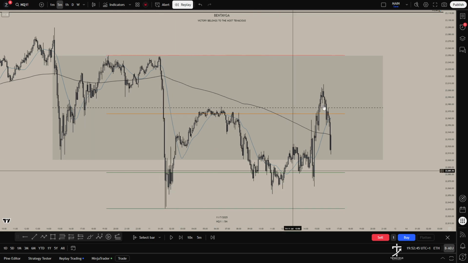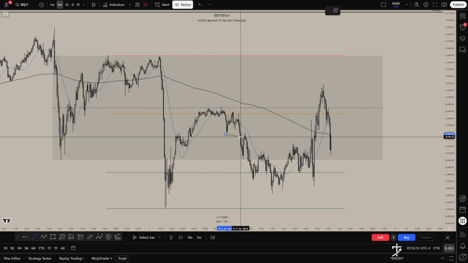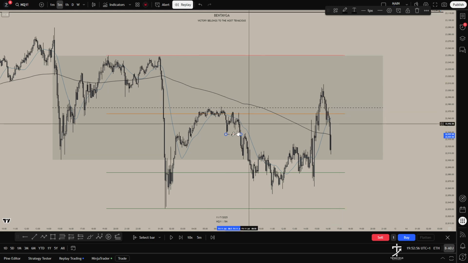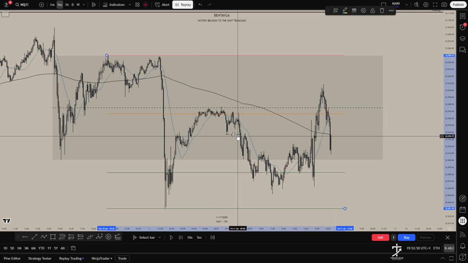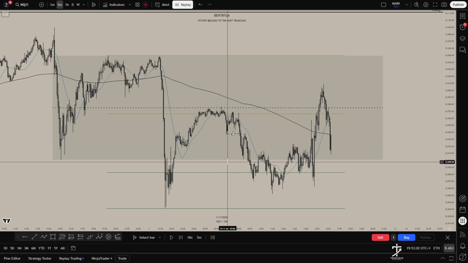Right now, everything inside of this is just internal structure, and we can clearly see that price was bearish here, and then we had another one here.